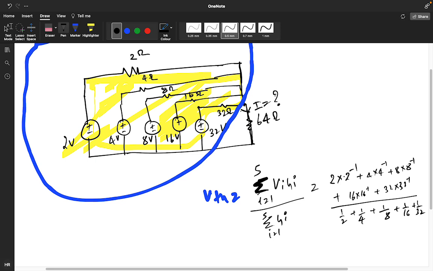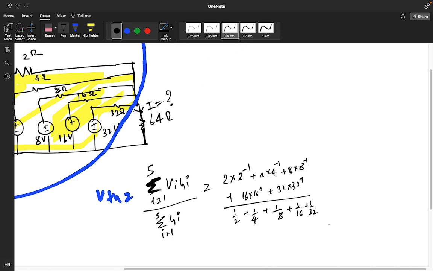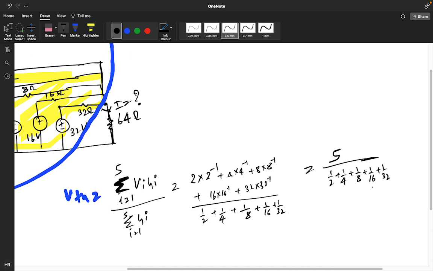So 2 into 2 inverse is 1, 4 into 4 inverse is 1, so overall it will be 5, divided by this resistance you are getting. Put the value in a calculator.